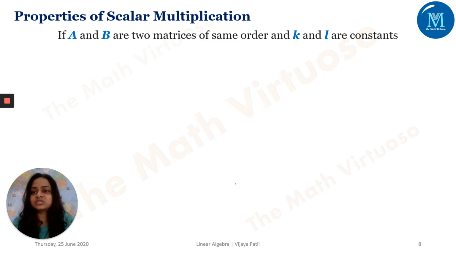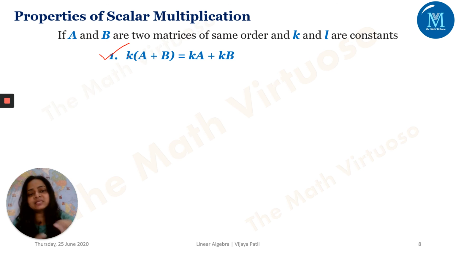These are the properties of scalar multiplication, for two matrices A and B with k and l as constants. You just have to remember them, because it's for the GATE examination. But my suggestion is, whenever we go ahead with the properties, though I have given you just a list, take random matrices, maybe 2 cross 2, very small matrices, and try to prove those properties, so that you will never forget them.